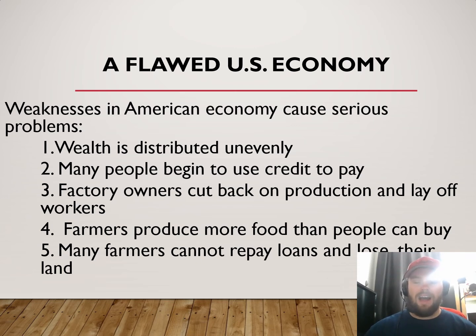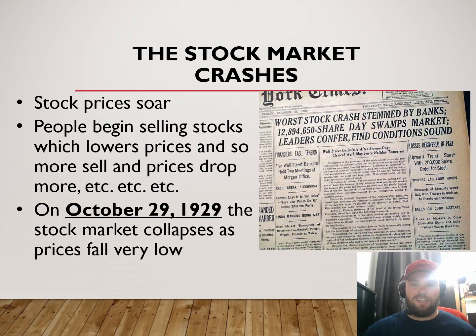And then when they get laid off, they can't pay back their loans, and so they begin to lose their houses or their land. Farmers are no longer selling crops that they were selling in World War One, lose their farms, and so basically everyone begins to lose their house and their farms, and this leads to something even crazier on the stock market.